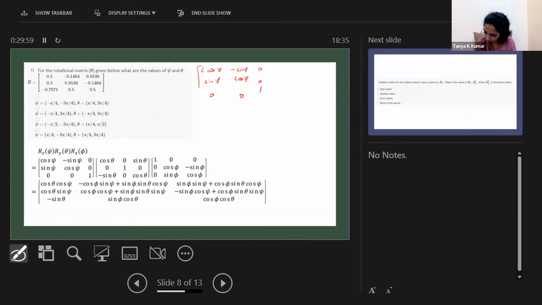Similarly, you have such matrices defined for rotation about x and y. This is for Z, this is for Y, and this is for X. They are fixed, only the angle changes. So when you rotate about Z, Y, X, you multiply the 3 of them to get the final rotation matrix, that is R. I'll just erase this because we have to solve.